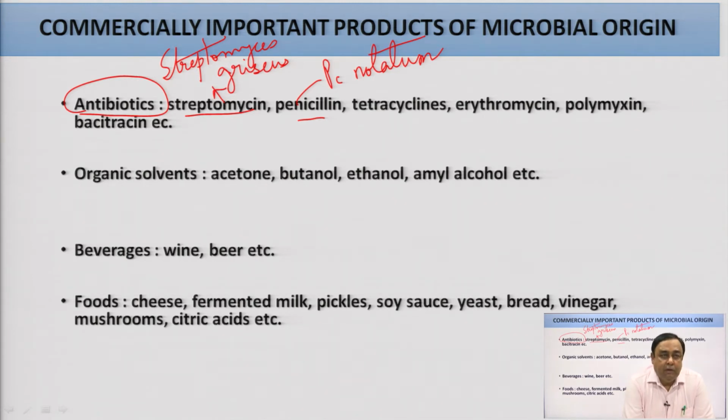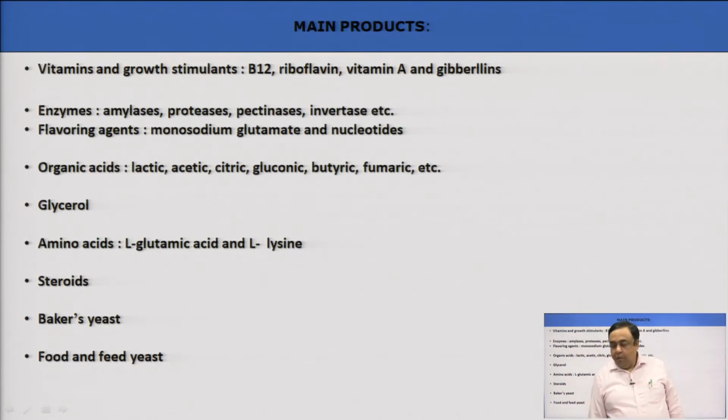Various food substances like cheese, fermented milk, pickle, soya sauce, yeast, bread, vinegar, mushroom and citric acid are effectively produced commercially by microorganisms.